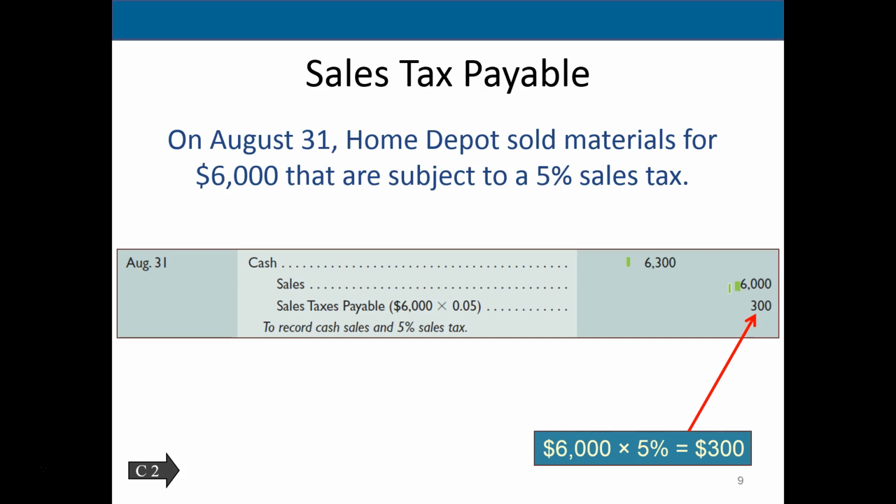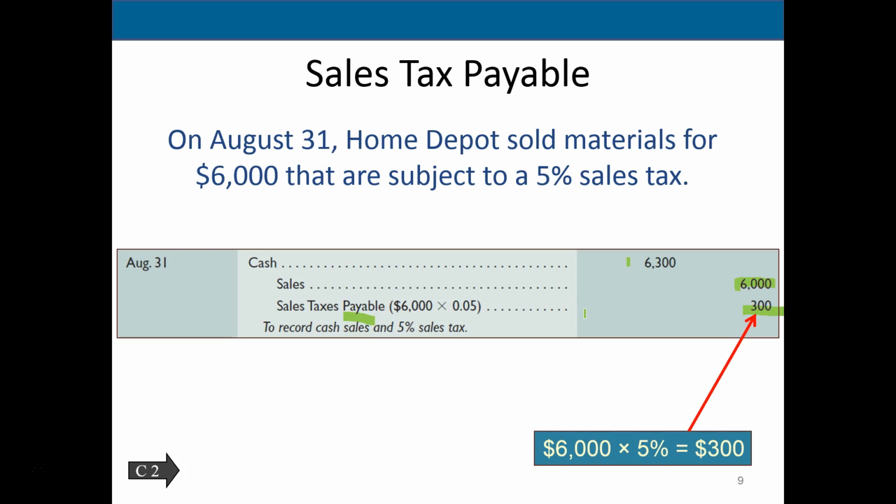The difference here is this is what we sell it for. Now we're going to take into account the sales tax. So we take that $6,000 times 5% sales tax. Sales tax could vary from state to state. In this case, we're having a 5% sales tax. We don't get to keep that sales tax. Therefore, we're going to credit the payable, which in this case is a liability. Anytime it says payable, it's generally a liability.